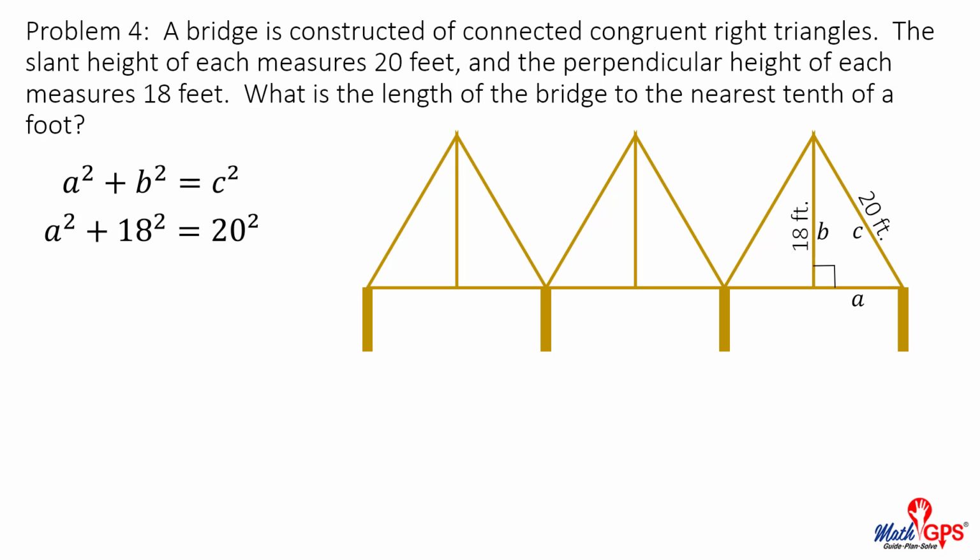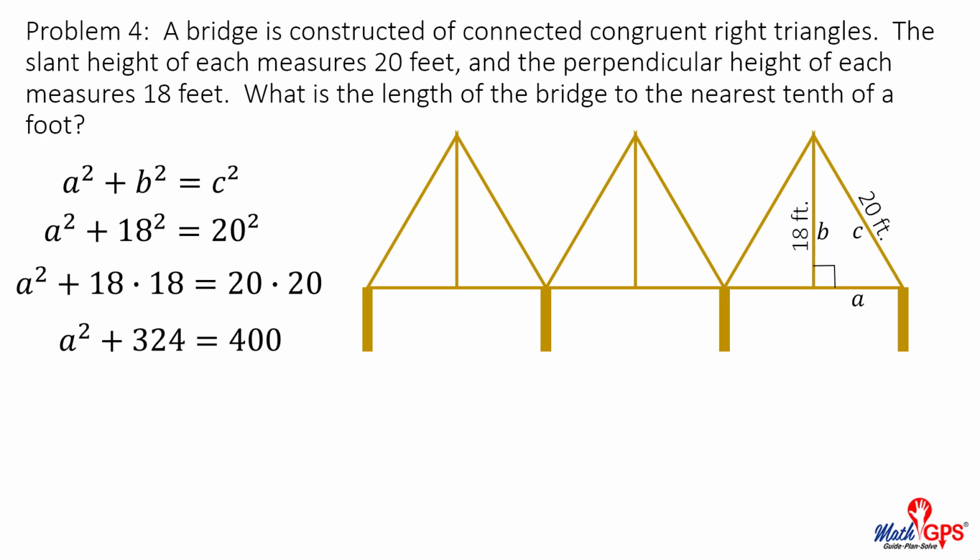Substitute the identified values. Now square the substituted values. 18 times 18 equals 324. 20 times 20 equals 400. To isolate the a variable, subtract 324 from each side of the equation. 324 minus 324 equals 0. 400 minus 324 equals 76.